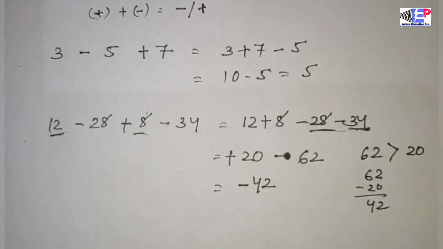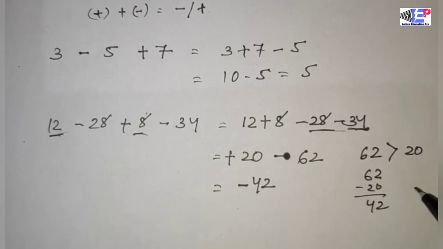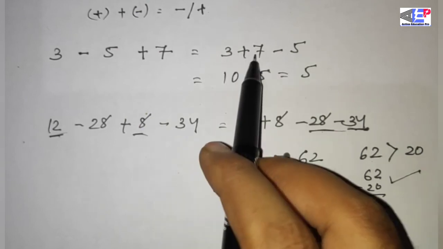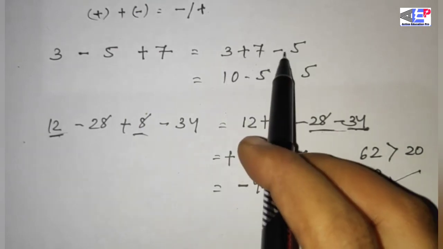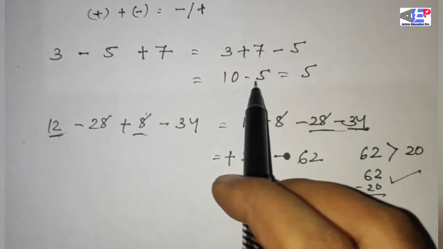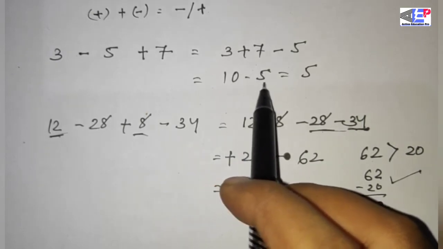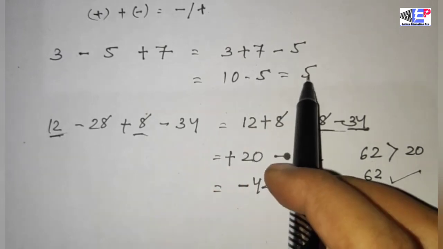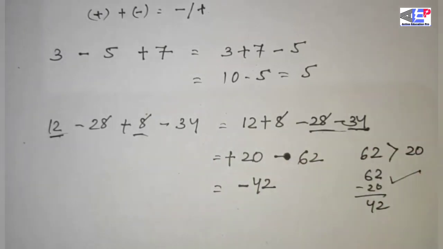But in the case of opposite signs, when one integer is positive and another is negative, you just subtract the numerical values. In this case both are of same sign, so you just add the numeric. But after this step, when the integers are of opposite signs, one positive and another negative, you just subtract the numeric: 10 minus 5 is equal to 5.